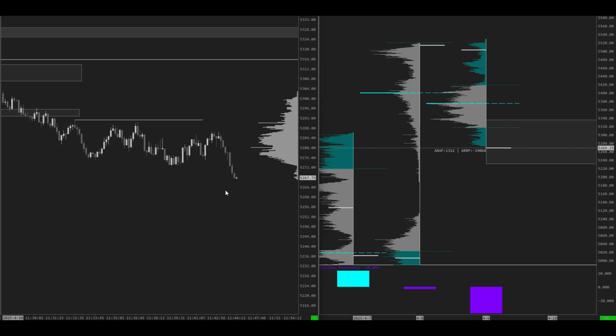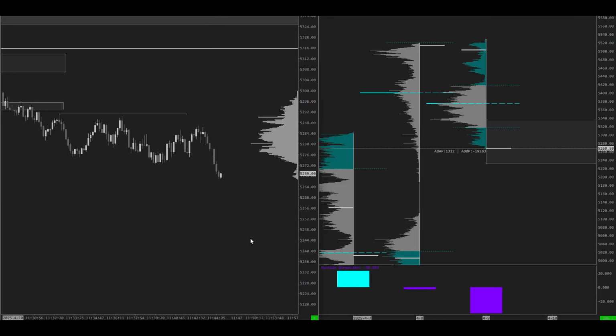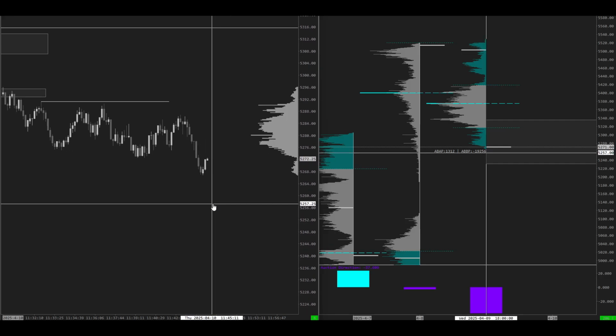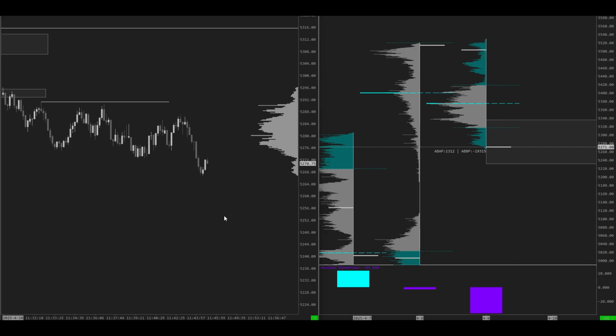Okay, we get yet another lower low, and every time it gives us that sign, it gets a bounce. It was giving the sign that it's going to flush, and it still might.